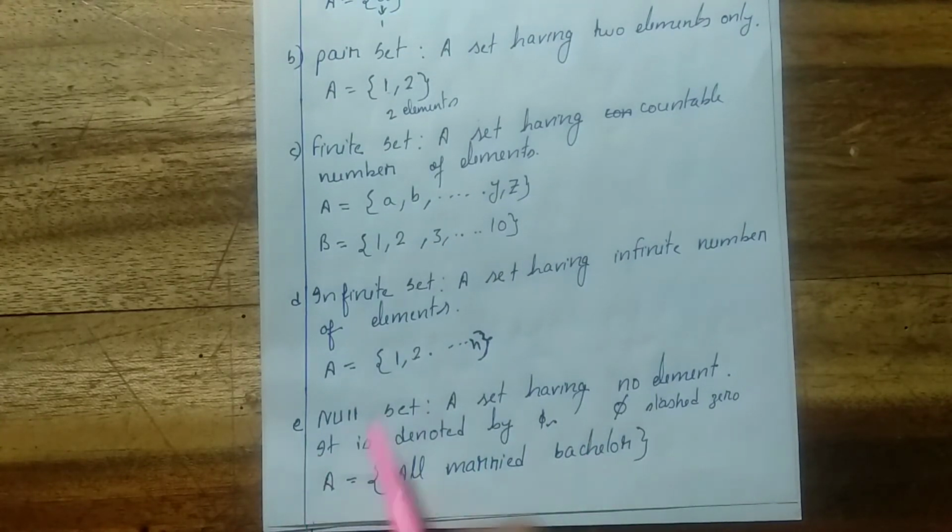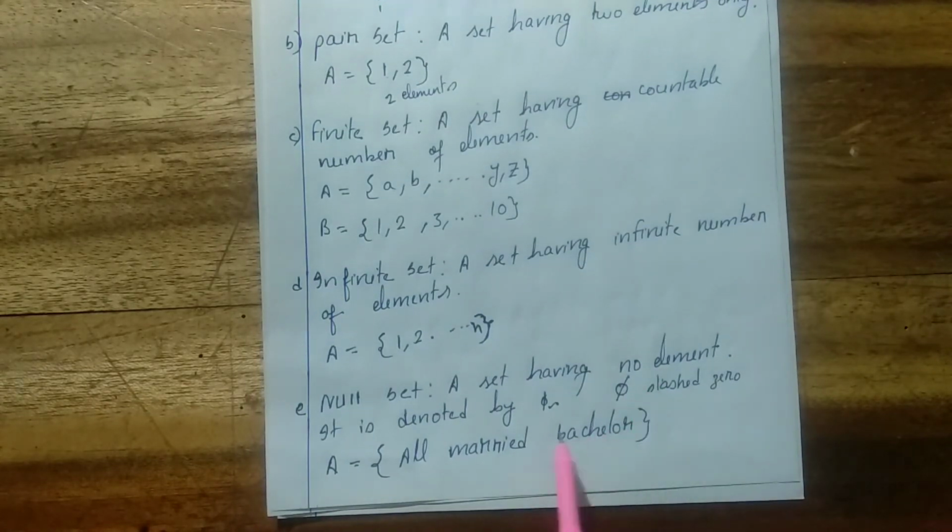So E, null set. A set having no element, it is denoted by null. So see, an example is all married bachelors, right? Okay, let me show you an example.